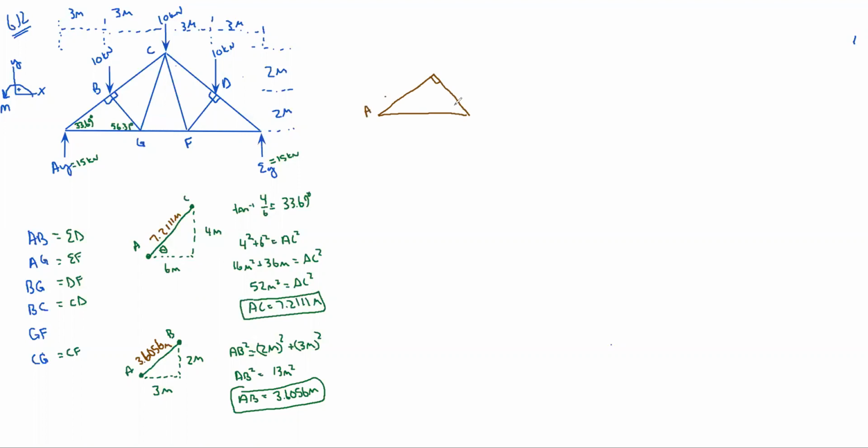That's A, B, and G. We had already determined that AB was 3.6056 meters, and I knew that this angle was 33.69 degrees.